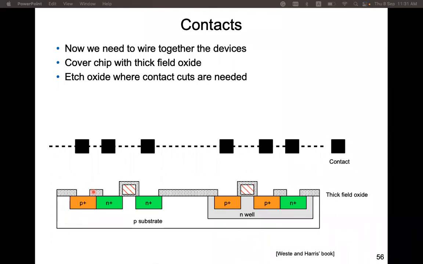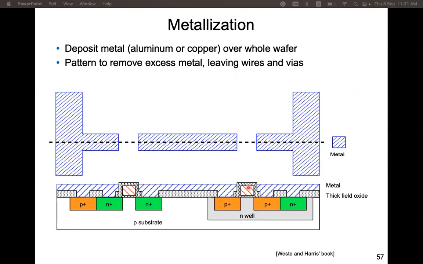So these metal contacts are created. Next is to deposit metal. Metal can be deposited over the whole wafer. Basically, we have a mask, so we deposit metal to these regions defined by the metal mask.